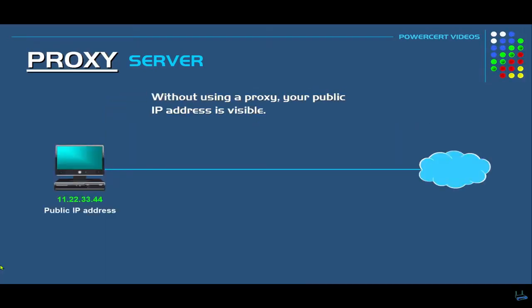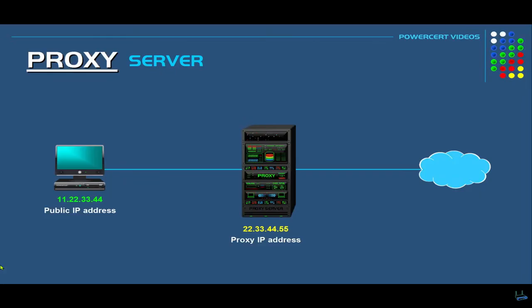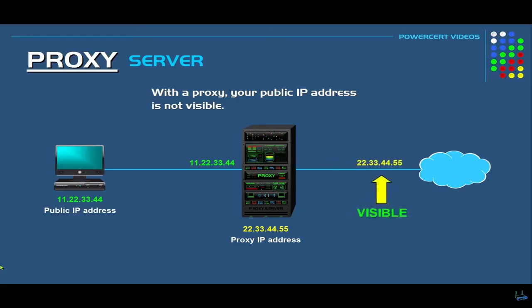Because without using a proxy, when you visit a website, your public IP address is visible, so certain people can know which websites you're visiting. But when you use a proxy, your IP address becomes invisible because as the proxy server is retrieving the web page for you, only the IP address of the proxy server can be seen viewing the web page. So your IP address stops here, and then the proxy IP does the rest of the work.